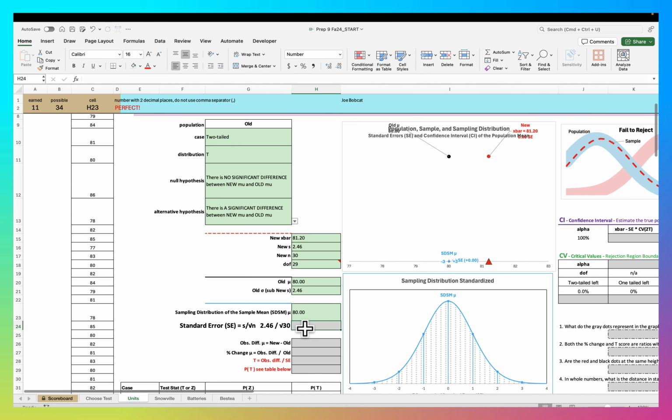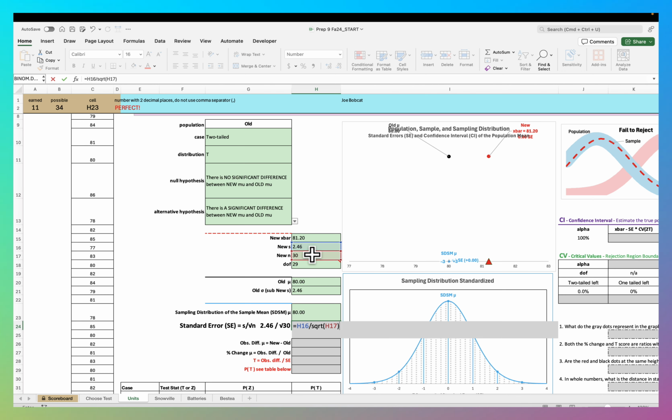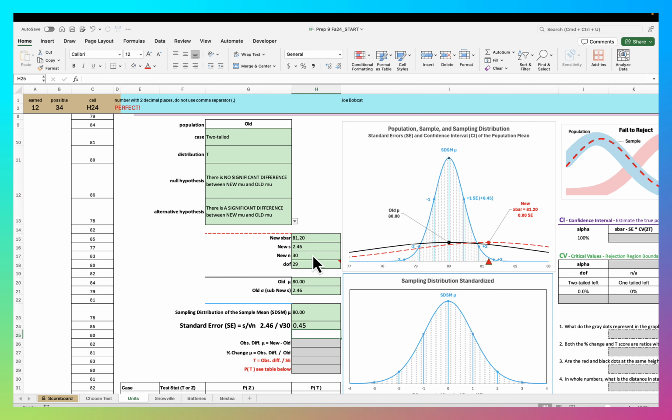And then the standard error is going to be S. Remember before it was sigma, but now it's S because we have to estimate it, divided by the square root of n. There's our standard error. And here's our curve.